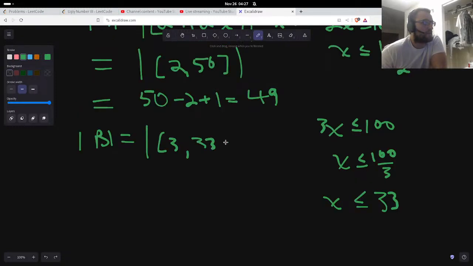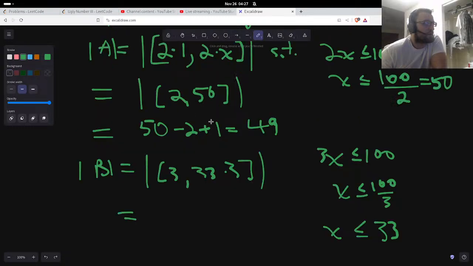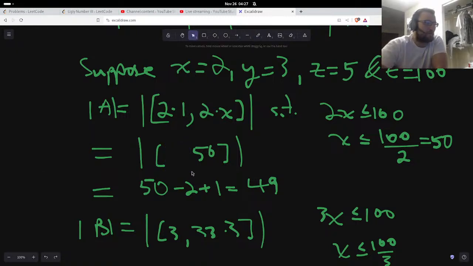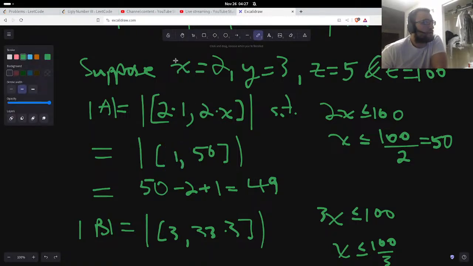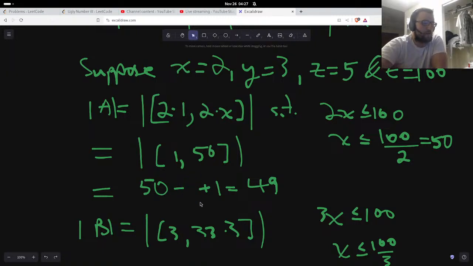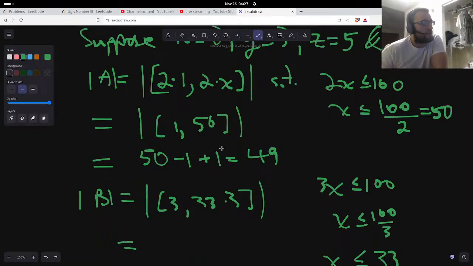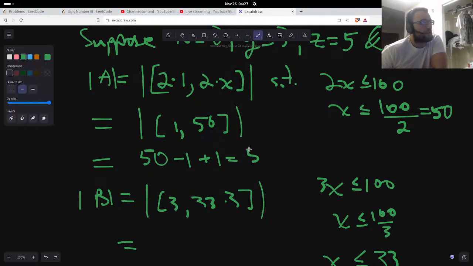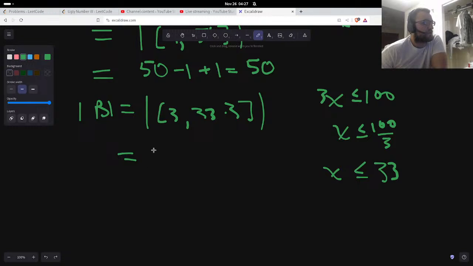So 33 times 3, which actually should give me 1 to 50, excuse me. There shouldn't be 2, there should be 1. Which is 50. So I think each of these are just the same thing, size from 1 to 33, which is 33.